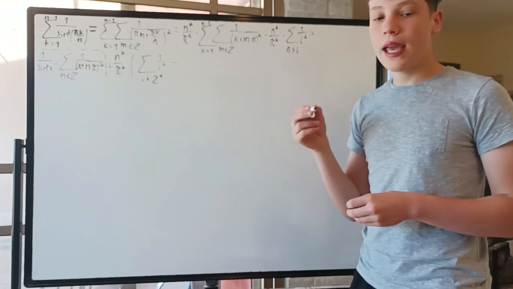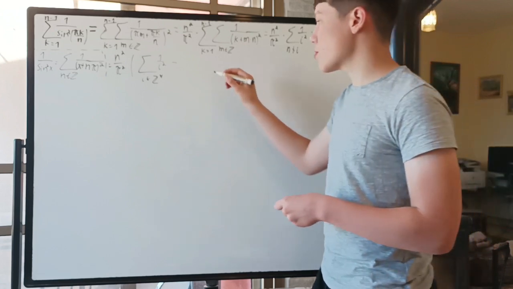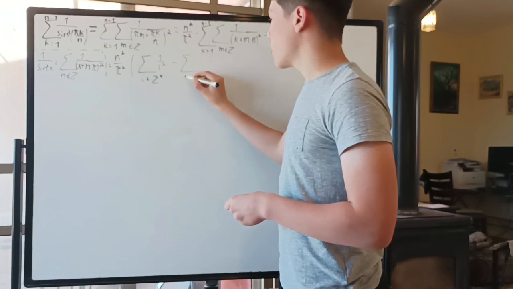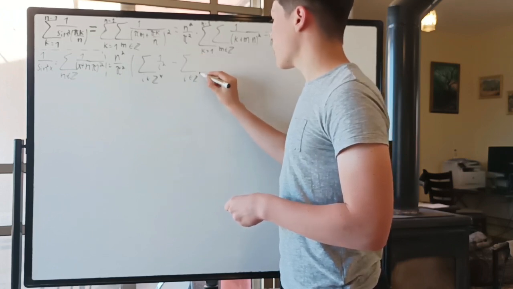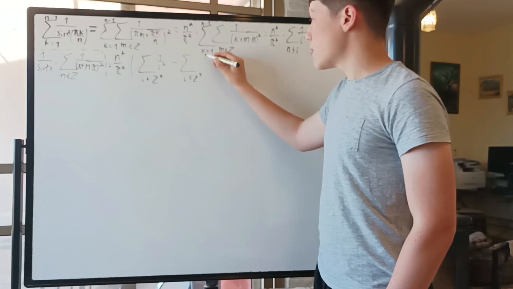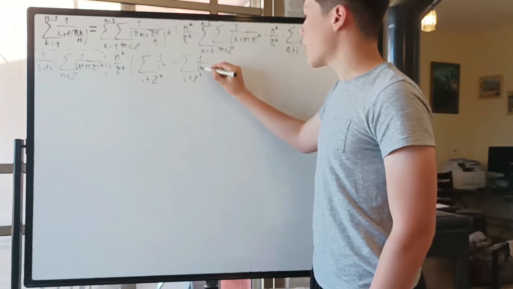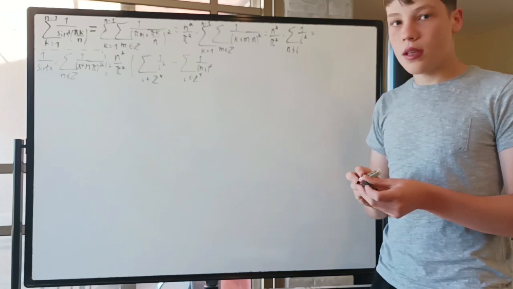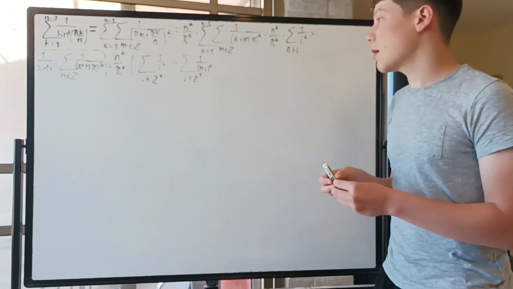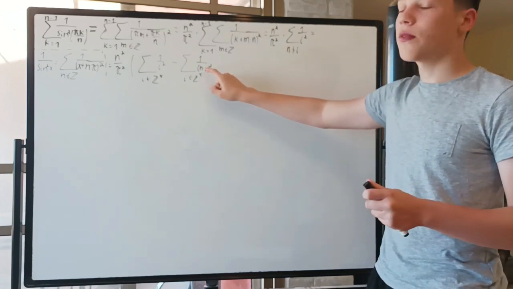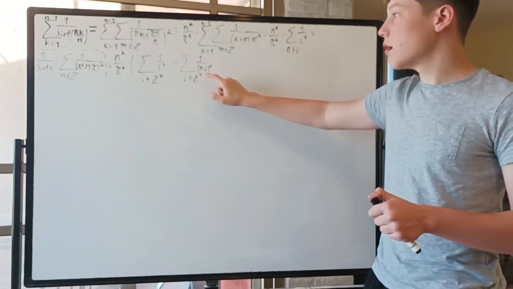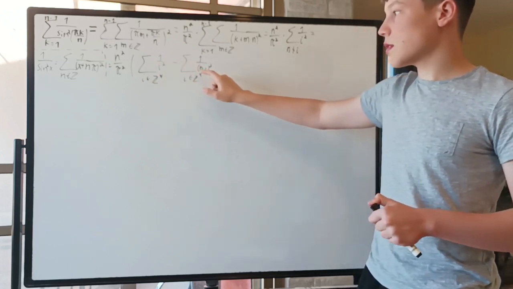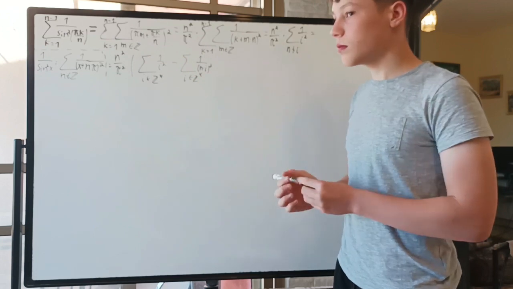So that's just like writing n times a non-zero integer. So that's the sum over i in Z star of 1 over n times i squared. So this n times i is that non-zero integer that's divisible by n. So now we can take 1 over n squared out of the brackets here, and we get 1 minus 1 over n squared times this sum.